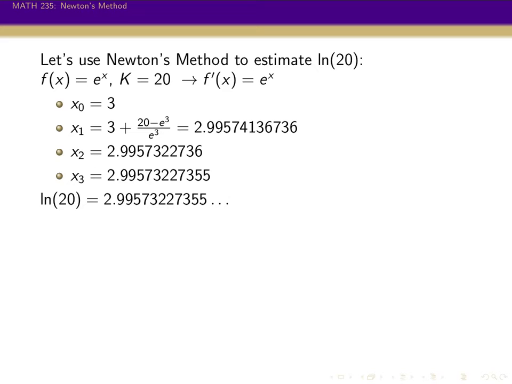And if you actually plug in what the natural log of 20 is, you'll see that this is correct. Just running this 3 times through, we got this correct to 9 decimal places. And if we did it a couple more times, with a calculator that would spit out enough digits, we could probably get this up to 20 decimal places.